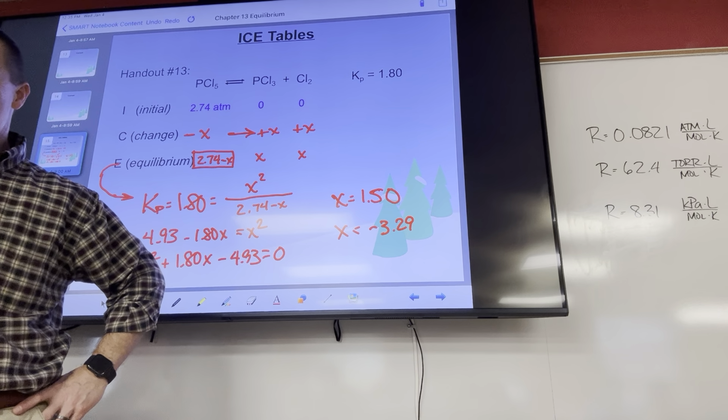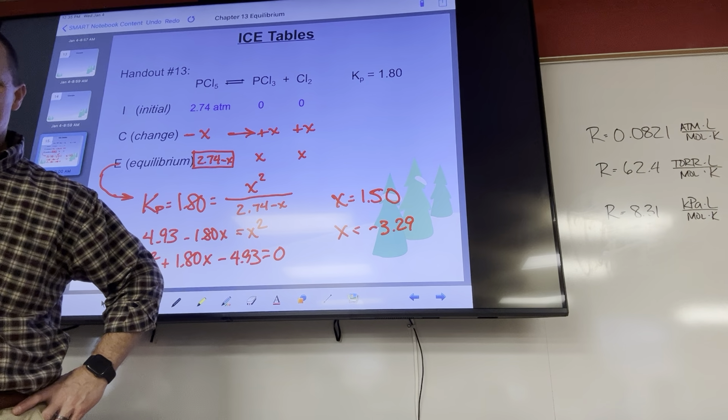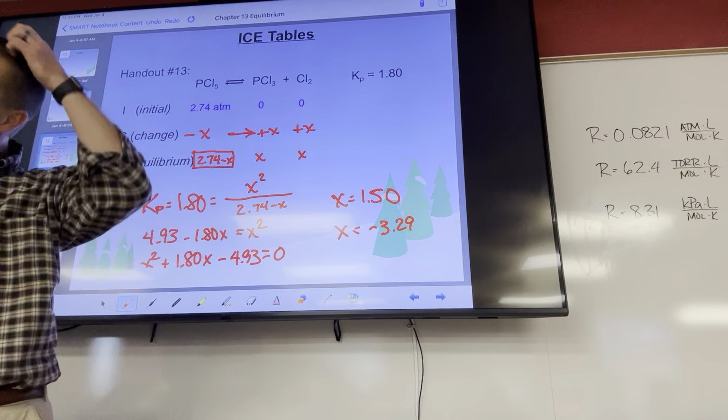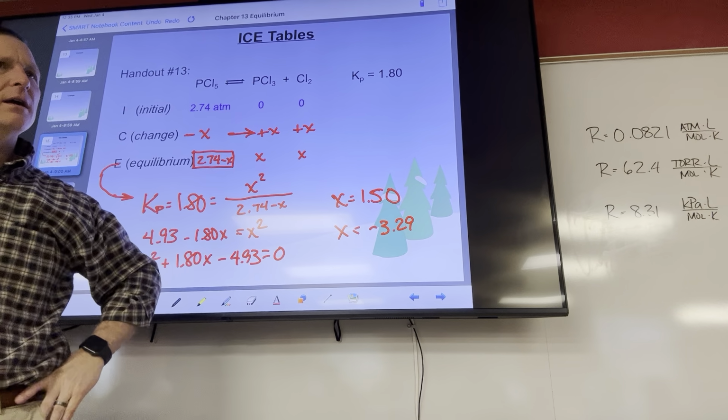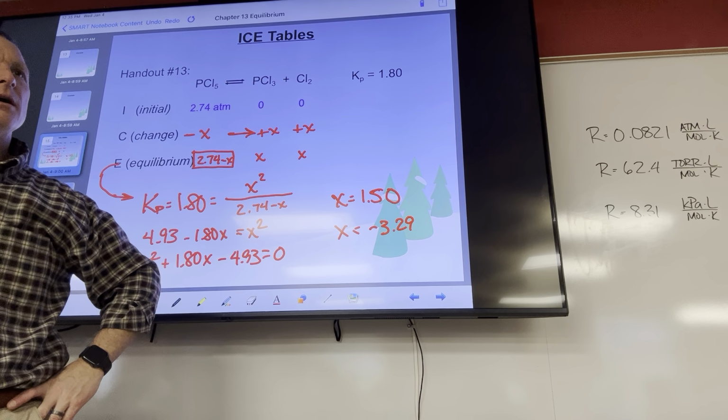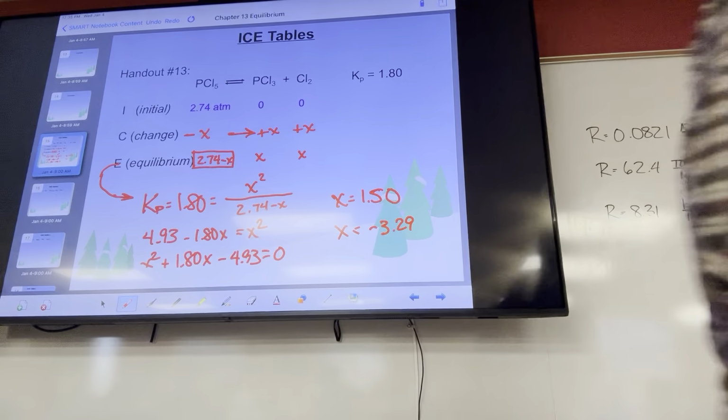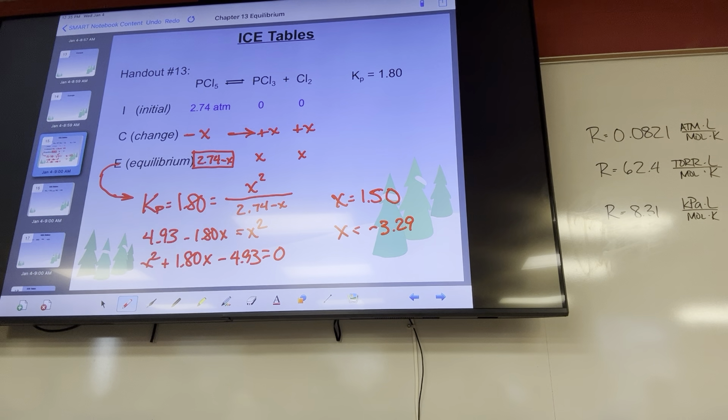I was a little hasty, I guess. Why does it only show one? He's not sure. Like, the teacher shows 1.5, mine shows negative. I have to do it a different way. You got the 1.5.